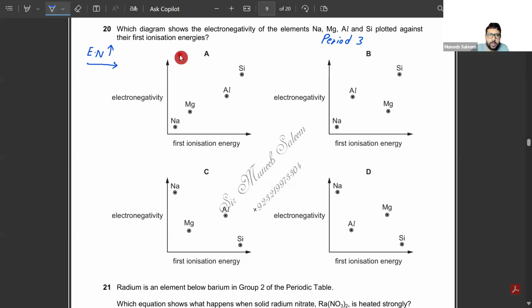With respect to ionization energy, generally speaking, from left to right, the first ionization energy increases, since they are asking for first ionization energy.